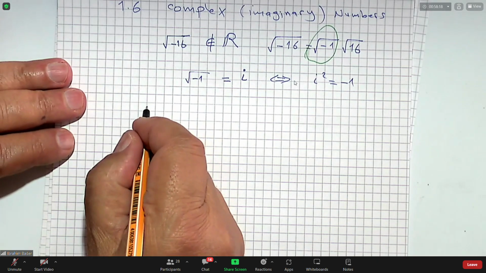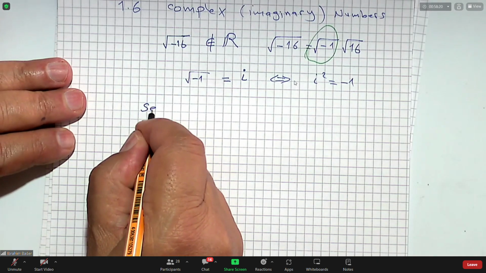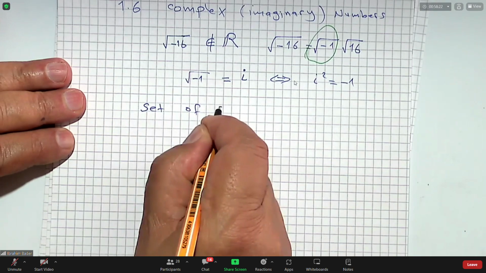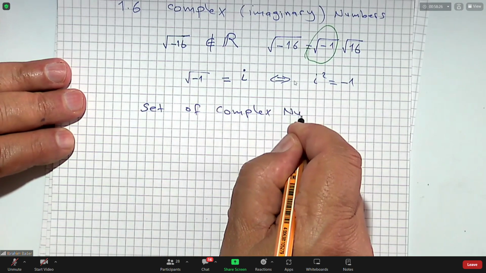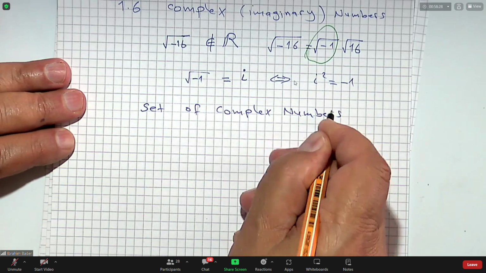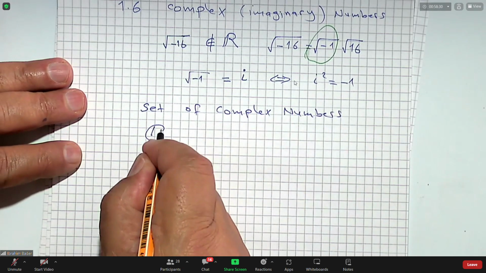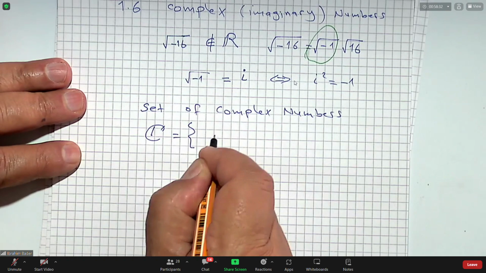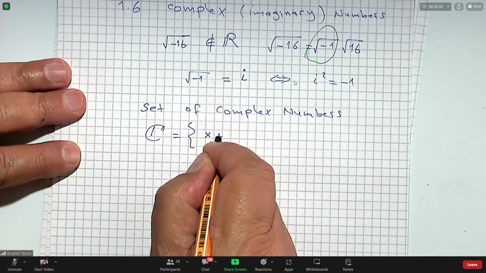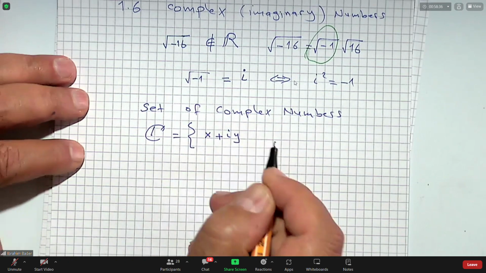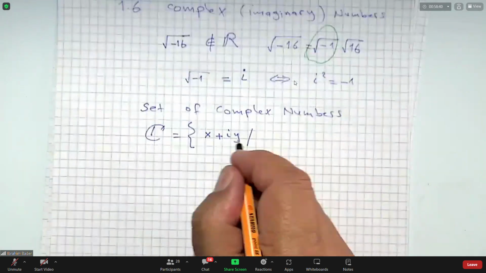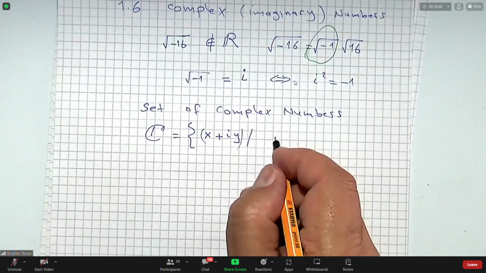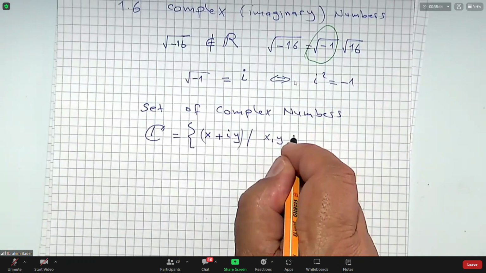Now, they define the set of complex numbers as follows. Call it C, equals the set that contains x plus iy, where x and y are real numbers.